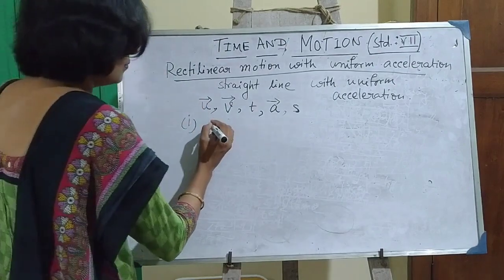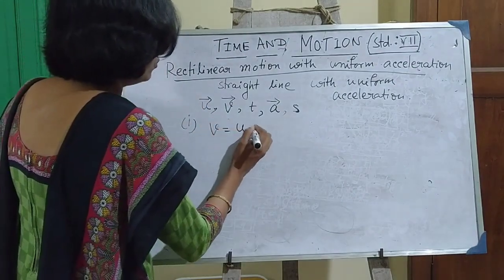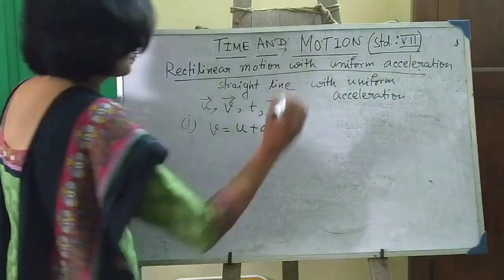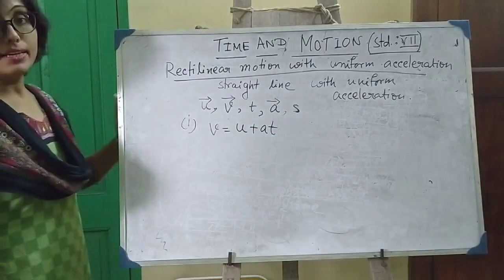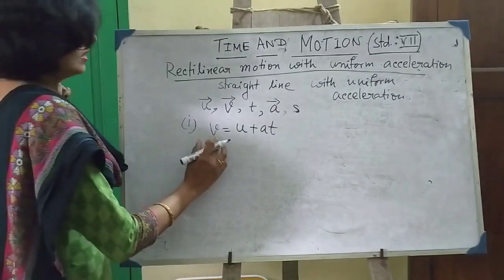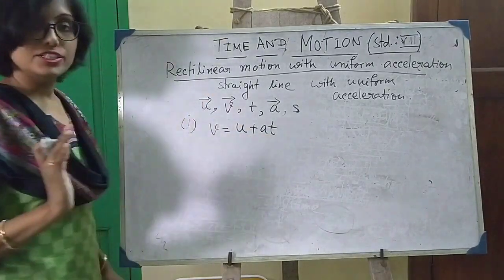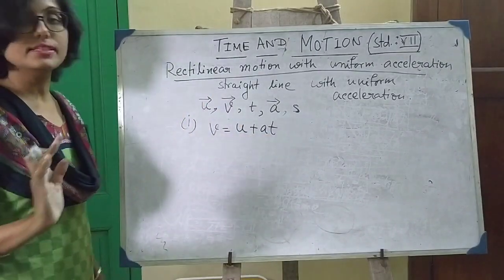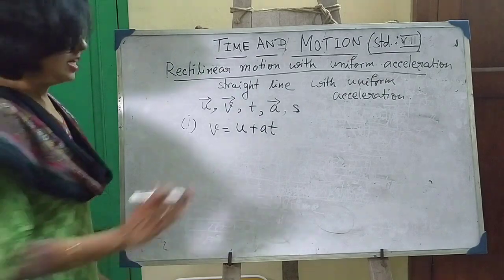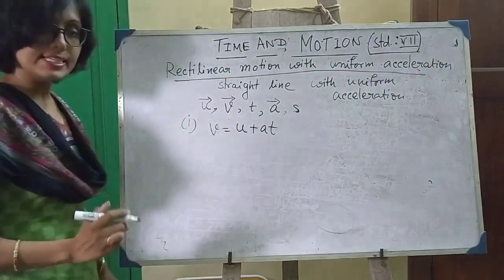Number one, v is equal to u plus at. One thing let me tell you, we are taking only the magnitudes of velocity and acceleration. We are not considering the directions now. So v is equal to u plus at.